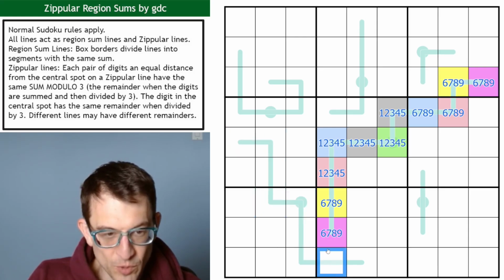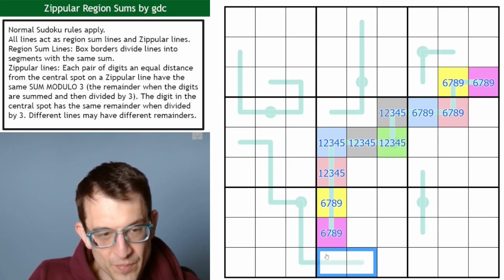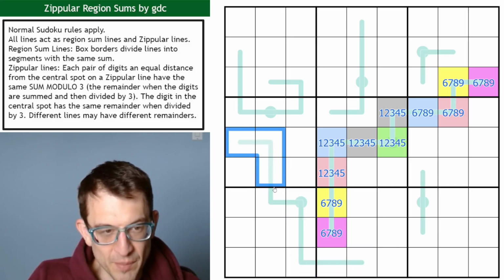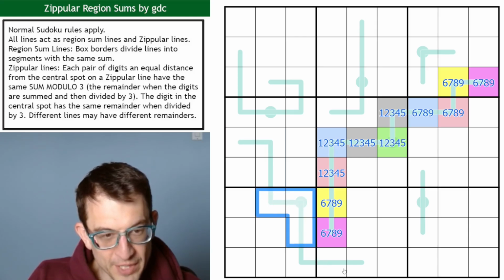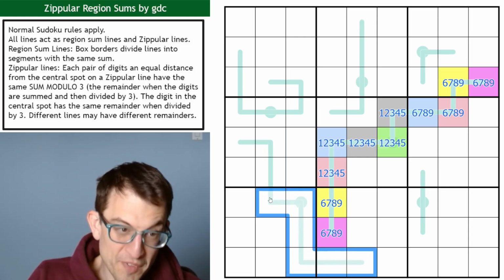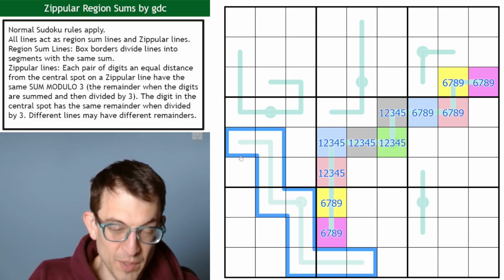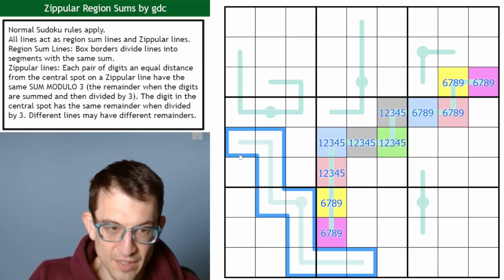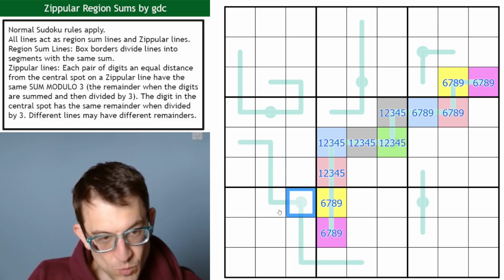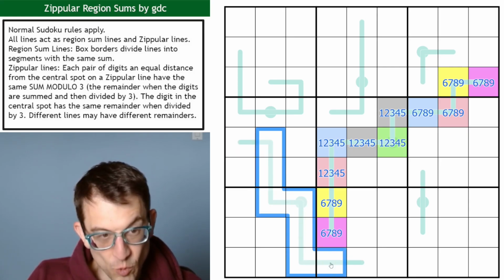Can I do something similar here? So I just have so many more possibilities for the region sum here, but I have 3 sections here. So the sum of everything together is going to be mod 0 again. But this time because of the region sums, not because of the individuals. And then this is 1, 2, 3, 4, 5.